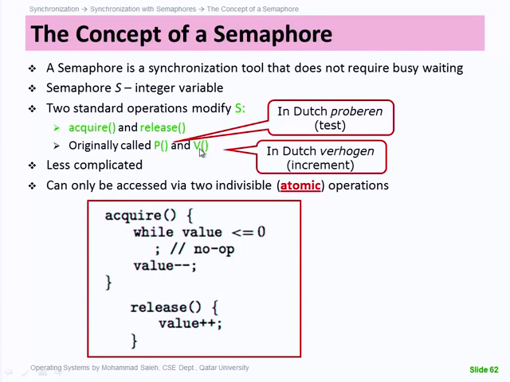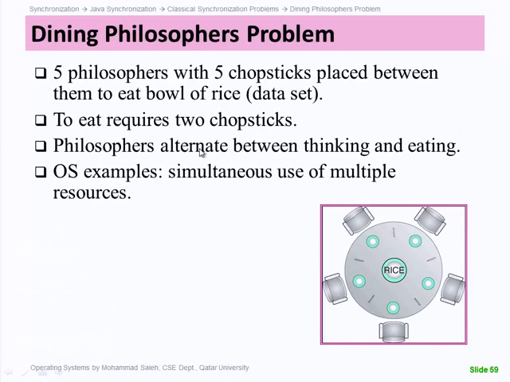Now, if I let the value be more than 1, then I'm implementing a resource that has multiple instances. For example, if I have these chopsticks placed in the middle, 5 chopsticks, they are all the same resource, chopstick, but there are different instances of it. There are 5 instances.